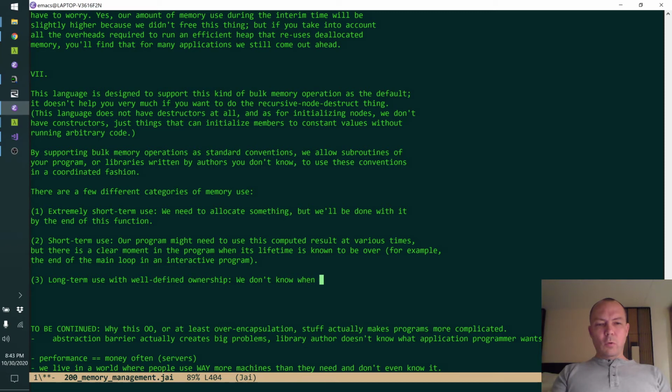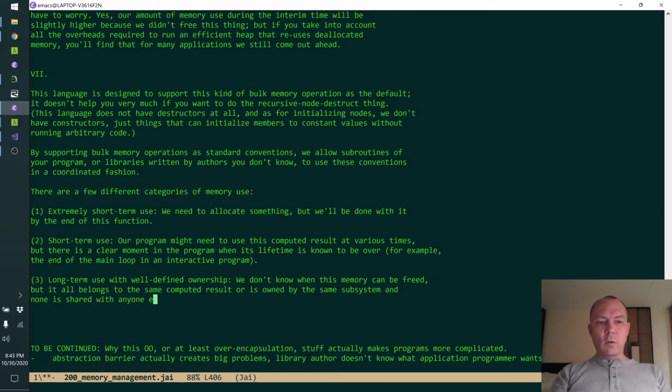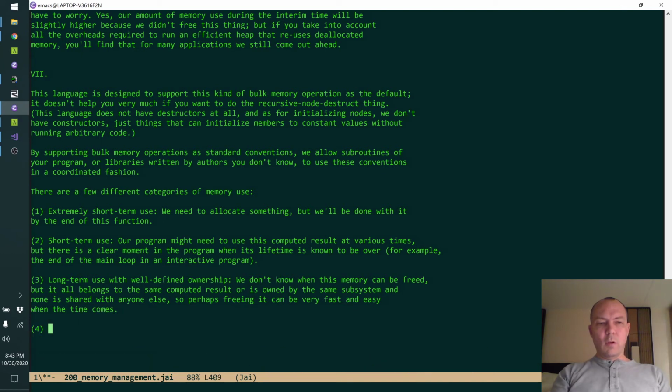We don't know when this memory can be freed, but it all belongs to the same computed result or is owned by the same subsystem, and none is shared with anyone else, so perhaps freeing it can be very fast and easy when the time comes.